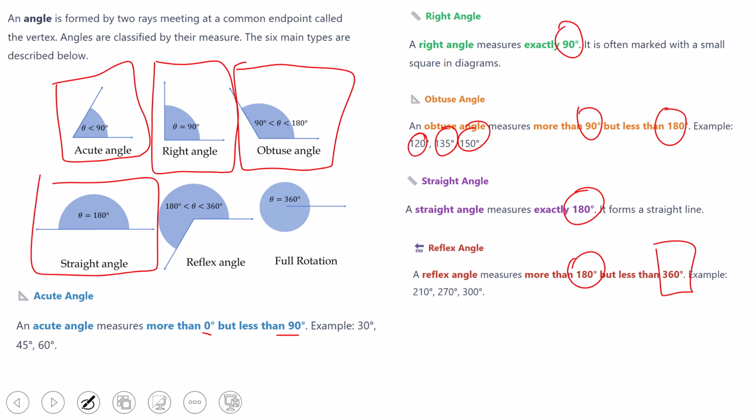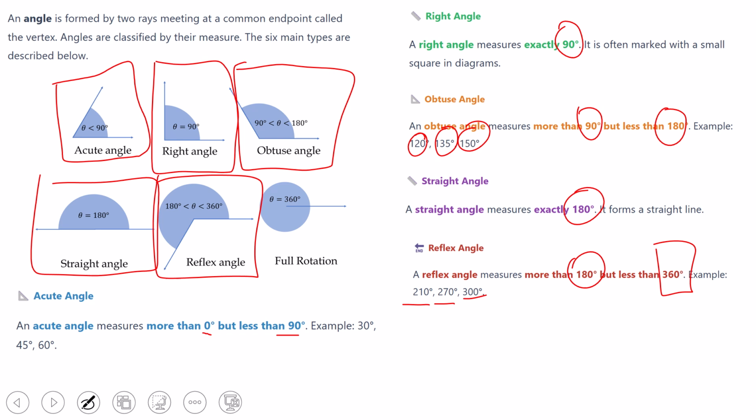So any angle that is more than 180 and less than 360 is said to be a reflex angle. Examples, we have 210, 270, 300, 350, and so on. These are all examples of reflex angles, and it is indicated over here in the diagram.